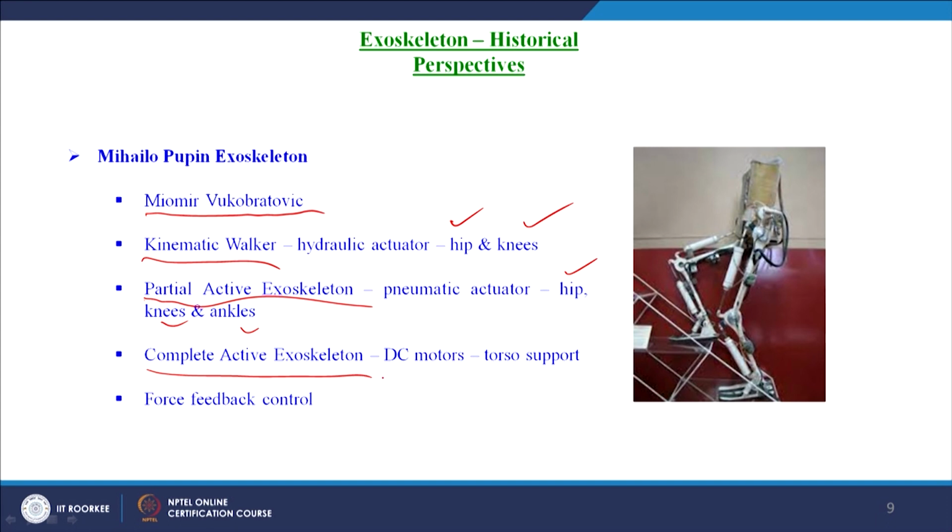And later on, they changed the pneumatic actuators into DC motors to have a smooth performance, and they attached 4 sensors on the sole of the foot of the exoskeleton in order to track the desired or actual force, and hence force feedback control has been performed in this exoskeleton, that is the Mihailo-Pupin exoskeleton.